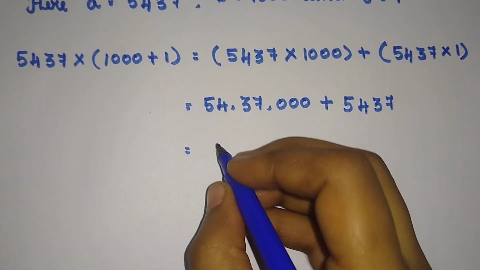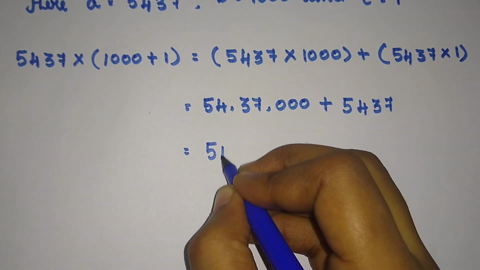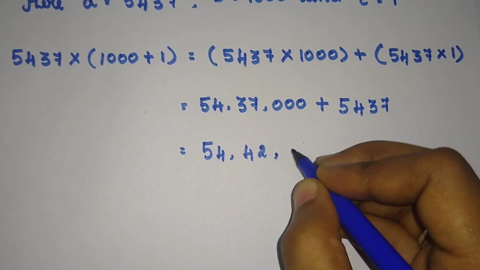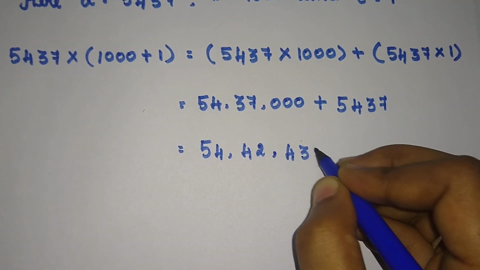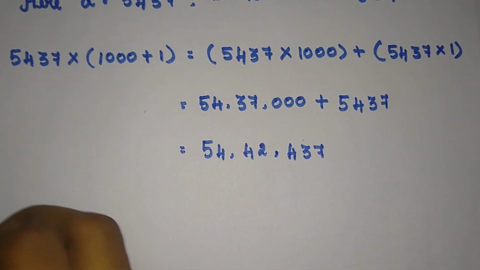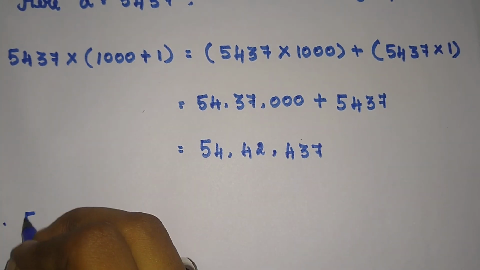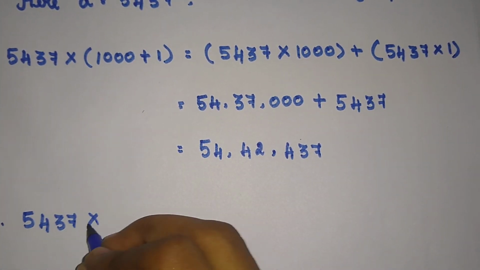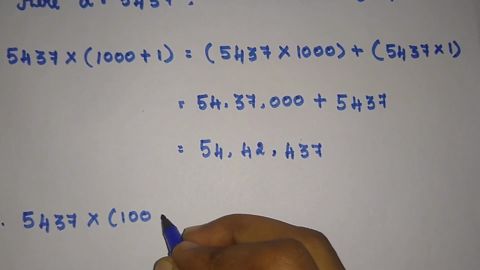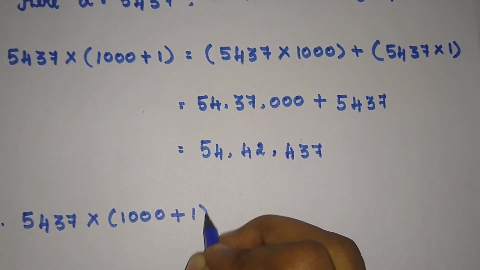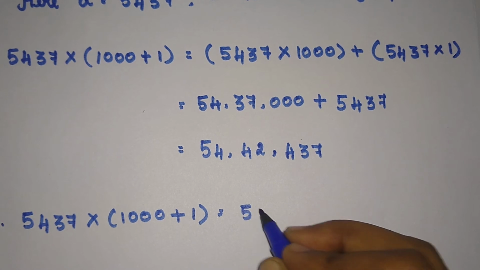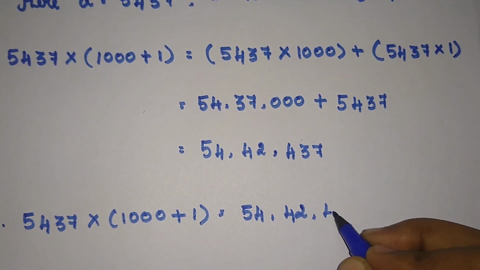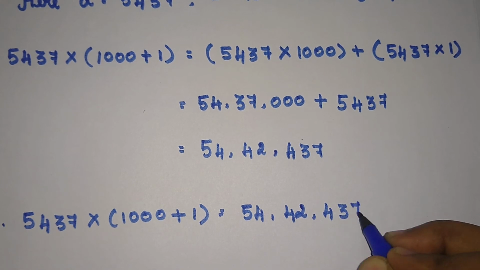At last we get 54,42,437. Therefore 5437 into 1001 is 54,42,437. This is the answer.